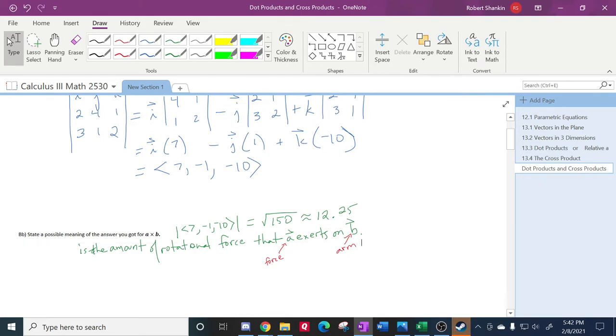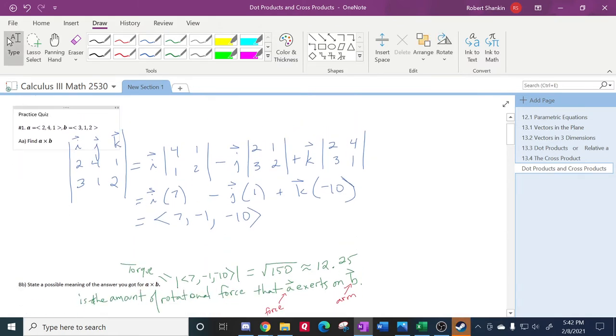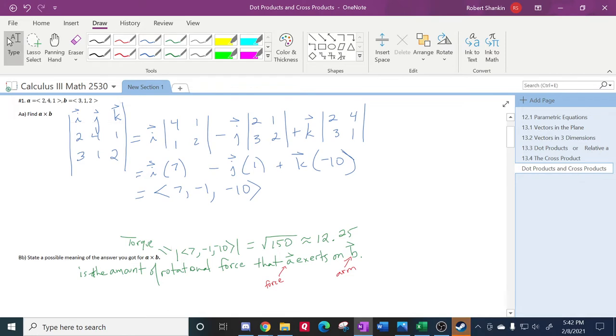Yes. So this is the torque, because that's R cross F right here. We're imagining one of them's an R. Oh, and it's saying, all right, but the magnitude doesn't depend on the direction.